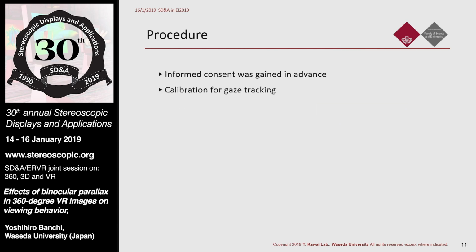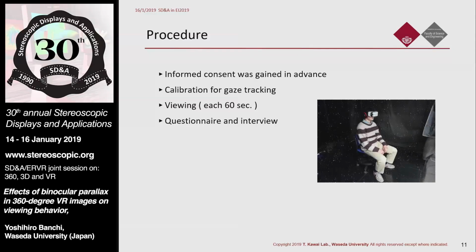About the procedure, first, the purpose of the experiment was explained to participants in advance, and their consent was gained. The stimulus was freely observed for 60 seconds after calibration to control the eye movement. After each observation finished, participants answered a questionnaire.